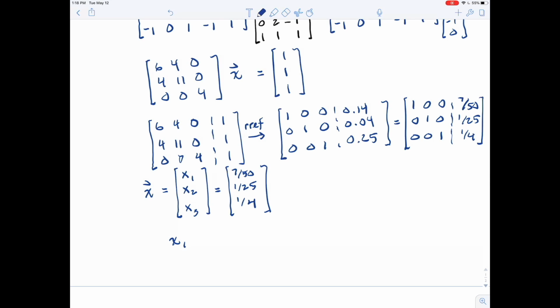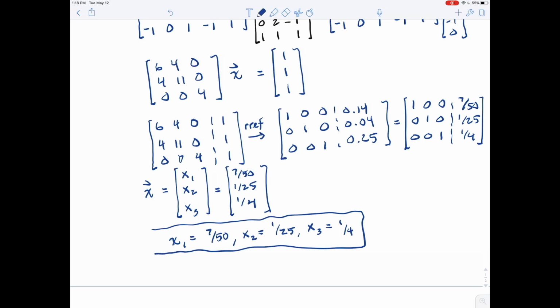So x1 equals 7/50ths, x2 equals 1/25th, and x3 is equal to 1/4. And that's all the problem called for in this case.